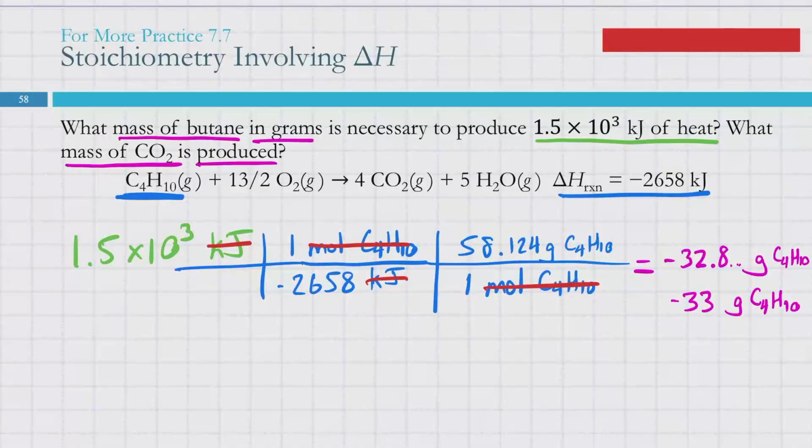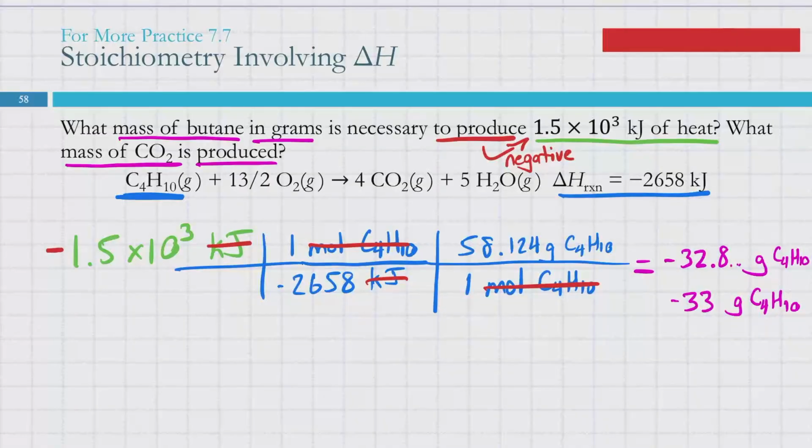What we didn't do is the problem says to produce 1.5 times 10 to the 3 kilojoules. And this "to produce" makes that number negative. Producing heat is losing heat. Losing heat is a negative number.